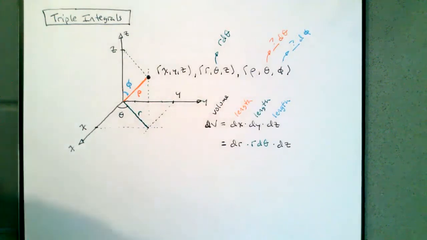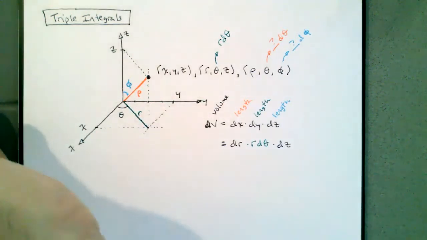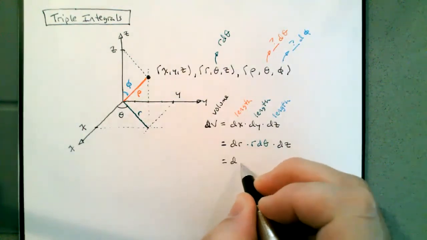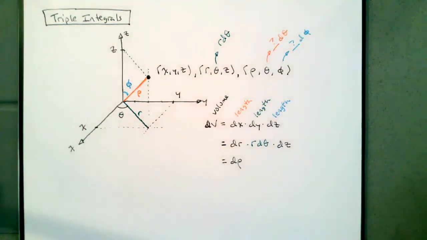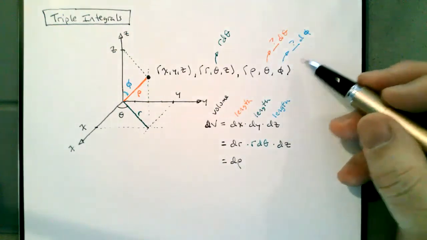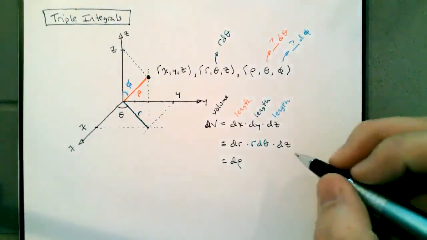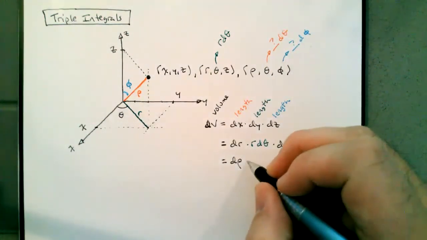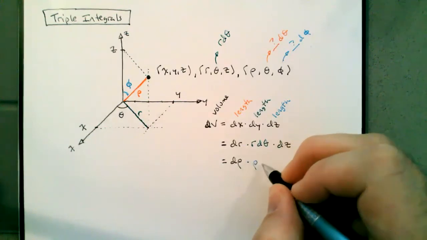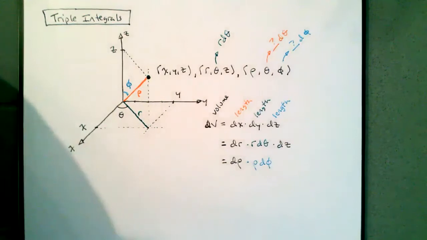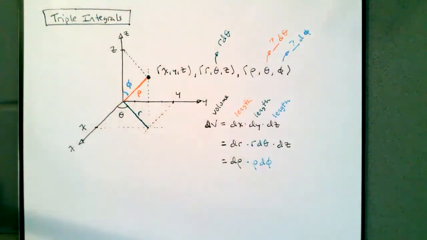So rho d phi will turn d phi into a length. d rho is already a length. d phi can be turned into a length just by multiplying by rho. But that still leaves d theta to be turned into a length.